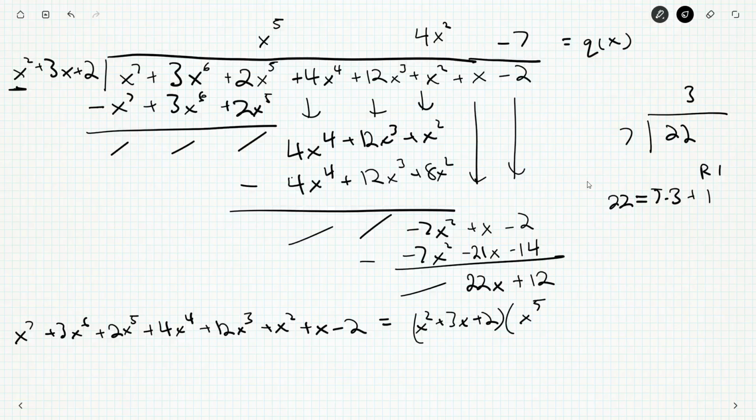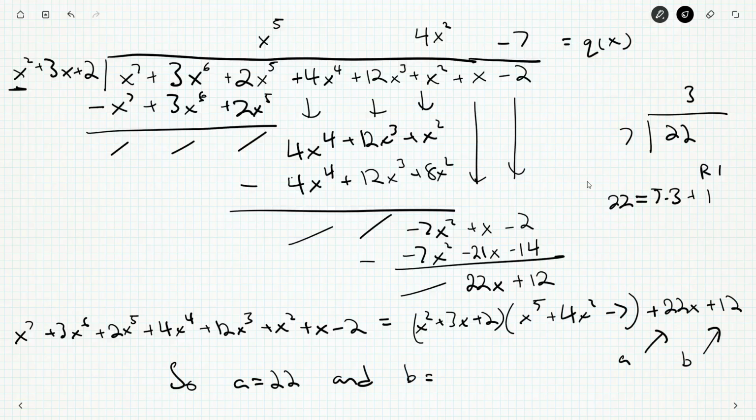So x to the 5 plus 4x squared minus 7 plus whatever was left over. So that'd be 22x plus 12. That's our a, that's our b. A is 22, and B is 12. Okay, so not as complicated as one might initially think.